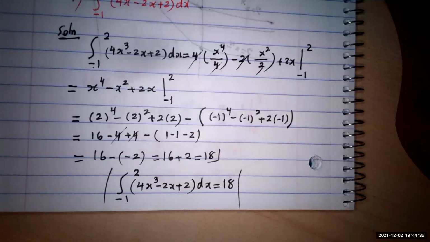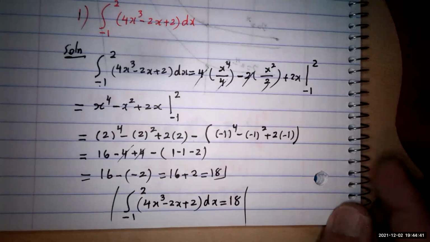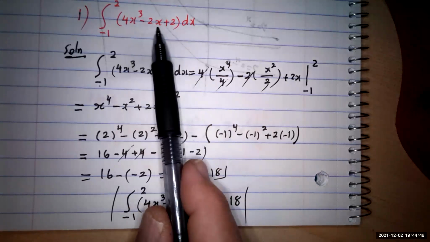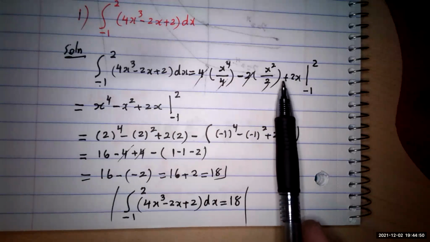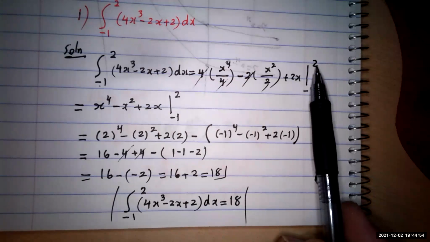So that is going to be type 1. In type 1, there is no substitution. You don't need any substitution because they are all powers of x. So you integrate as you did before, just using the power rule. Then you evaluate your integral from -1 to 2.